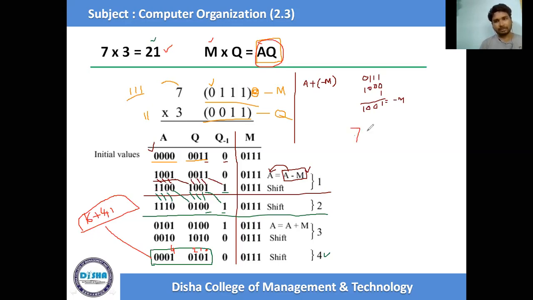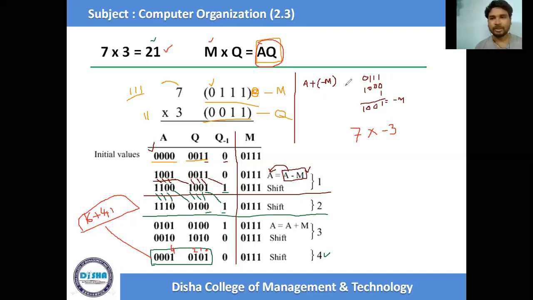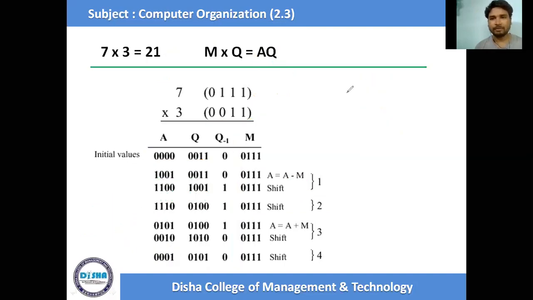Similarly, for example, let's multiply 7 with minus 3. We can multiply with a negative number, right? How do we get the minus 3 value? We only get it by the 2's complement method.